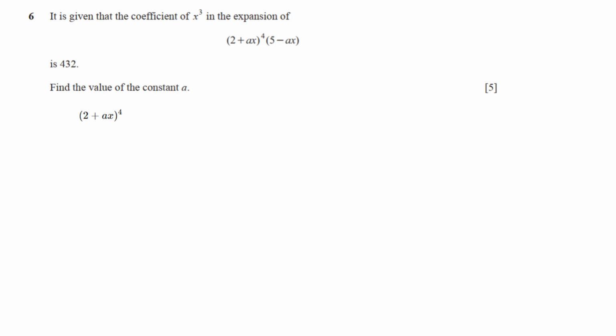Using the binomial theorem, this is equal to 2 power 4 plus 4 times 2 cube times ax plus 6 times 2 power 2 times ax the whole square plus 4 times 2 times ax the whole cube plus ax the whole power 4.